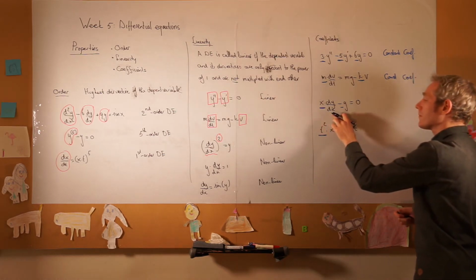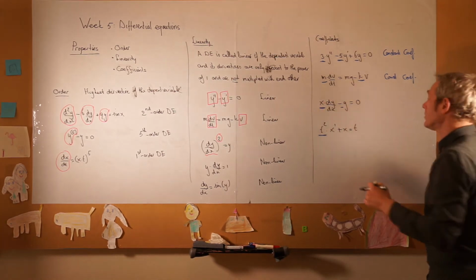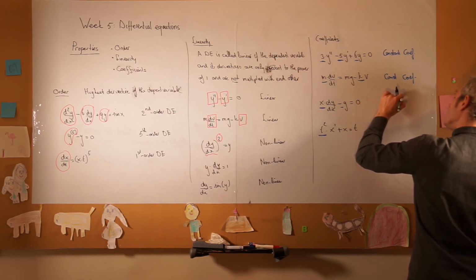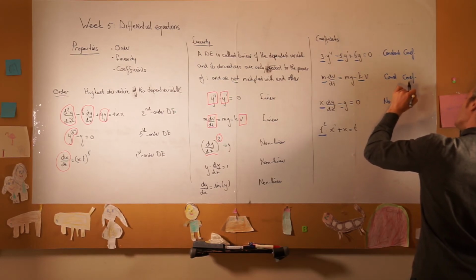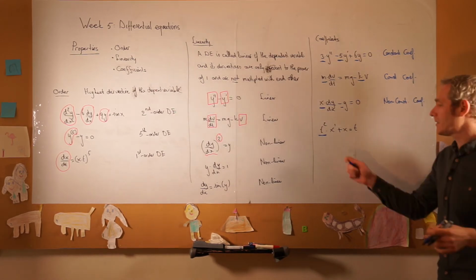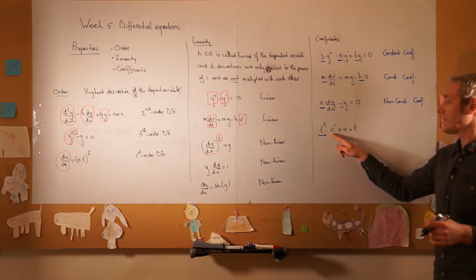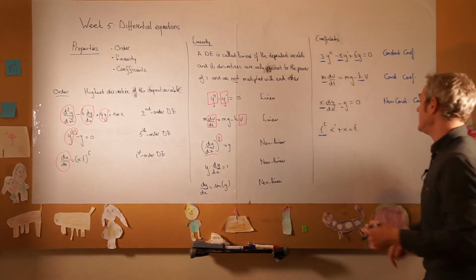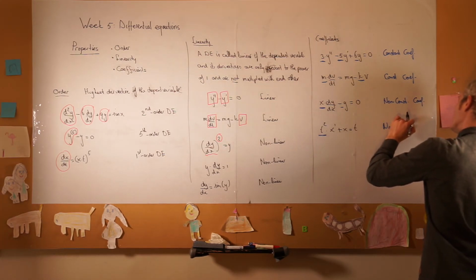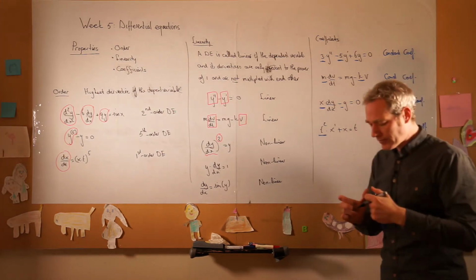Here, x is the independent variable, but it is not constant. So I guess we could write non-constant coefficients. And here as well, we have t squared times x prime. So if we have the first derivative of our dependent variable, it's multiplied by t squared, which is definitely non-constant coefficients.